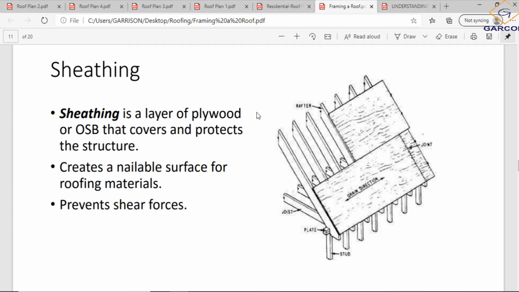Sheathing. Sheathing is basically what we call sacking or ply, which you use to cover up the rafters. But you only use sheathing when you put on asphalt shingle or certain types of roof covering.